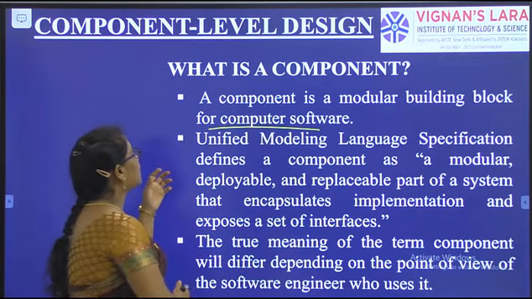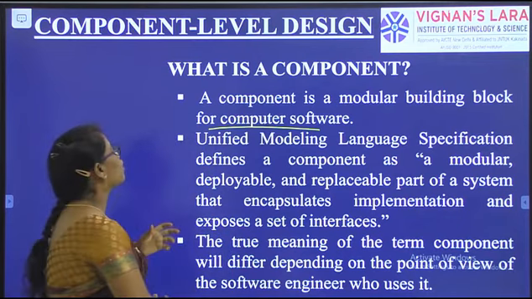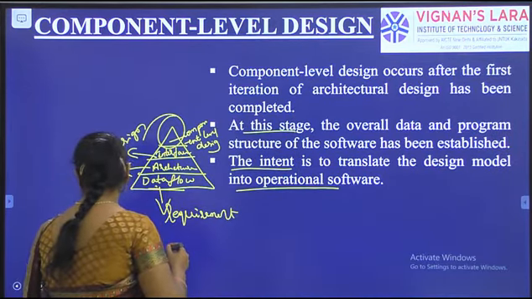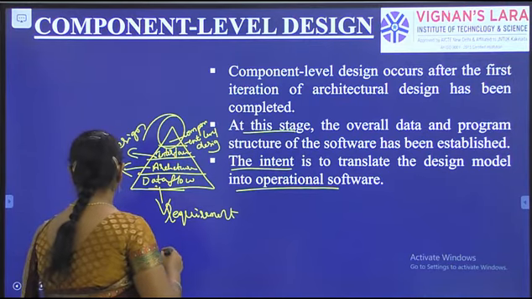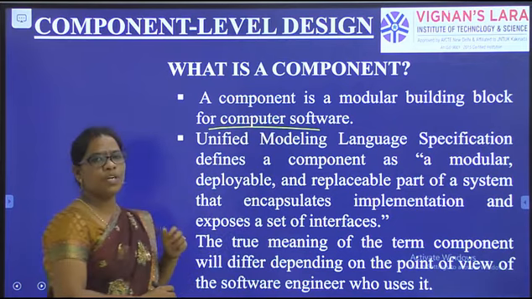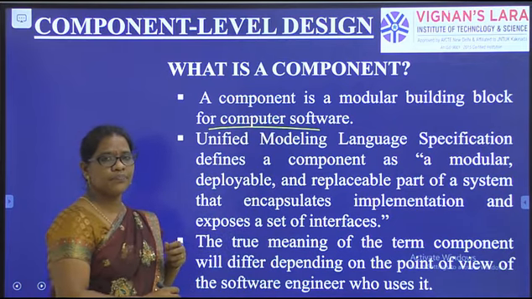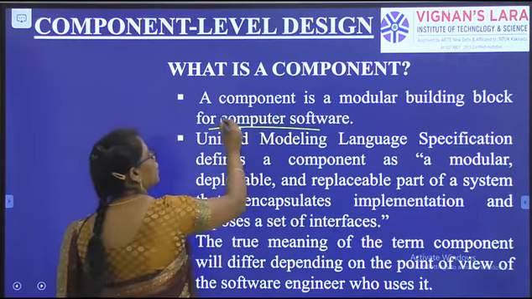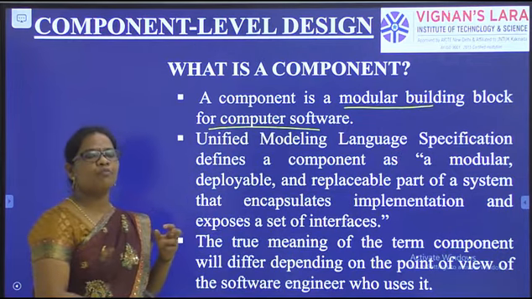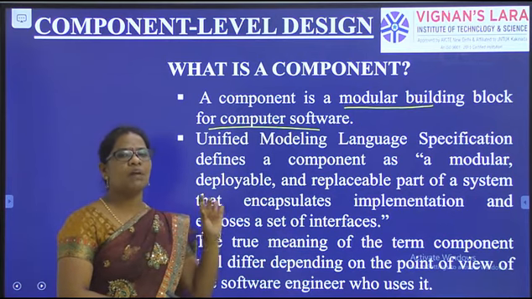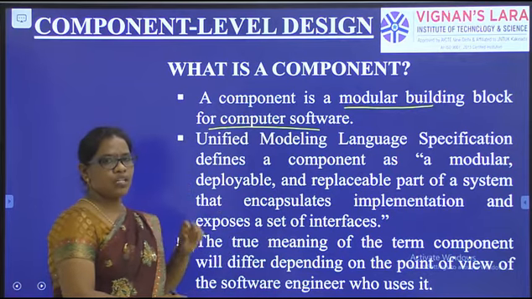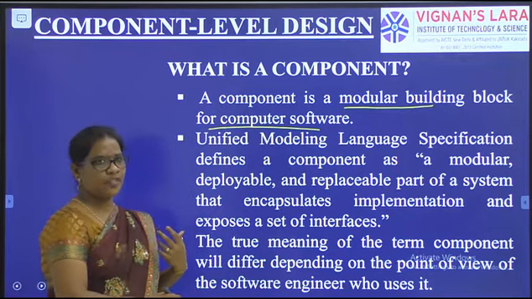Like that, in an architecture model and in software development, a component is also a modular building block for computer software. We call it modular. Modular is nothing but a unit, a small part, called a modular building block for computer software.